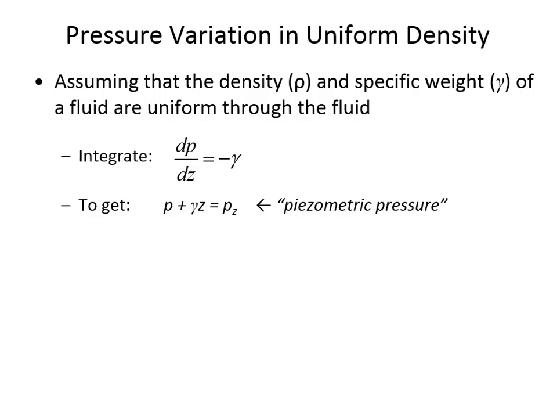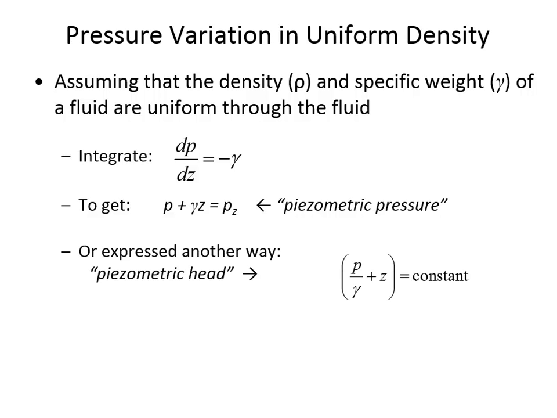And then the second term in piezometric pressure, the gamma Z, is taking into account the distance underneath it. And piezometric pressure becomes important in later chapters when we start talking about flow measurement. So it depends on what's above the angle. Exactly. And so it's very critical that you keep in mind where is the datum when you are computing piezometric pressure.